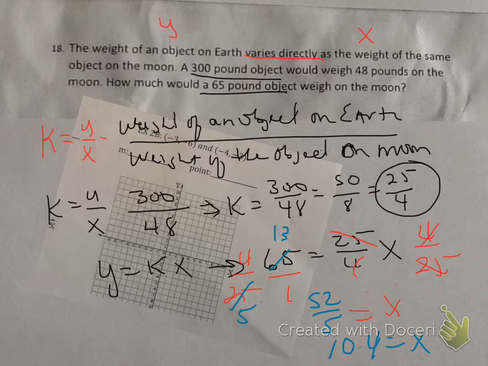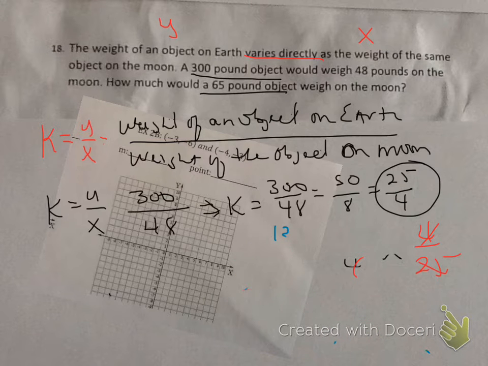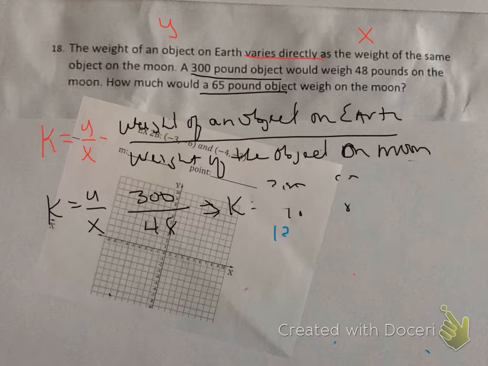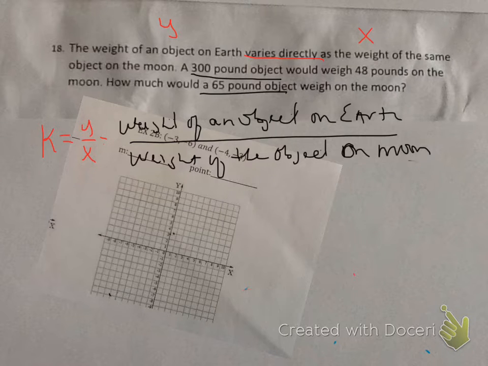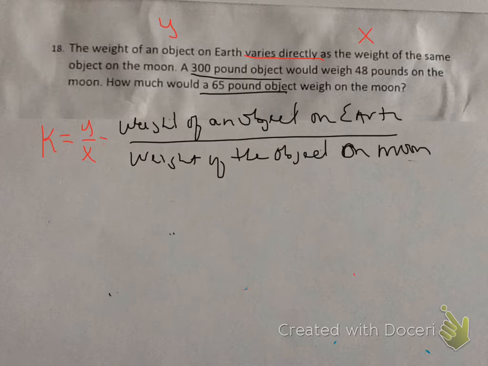Now, we could have also done it as a proportion. So there's two ways there that I showed you. But since they're not asking you for an equation, you could have done it simply as a proportion. So I'm going to do that real quick. Like we talked about earlier, we have pounds on Earth and what the object weighs in pounds on the Moon.